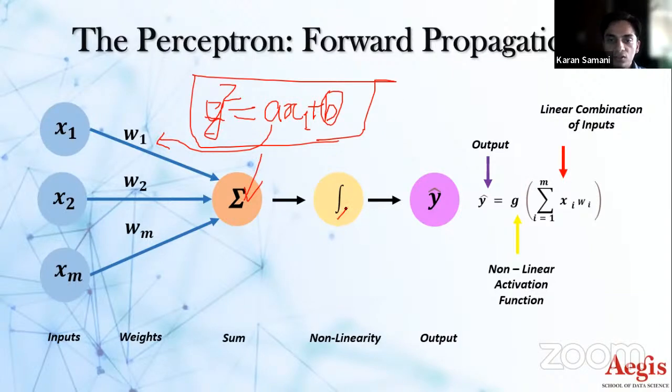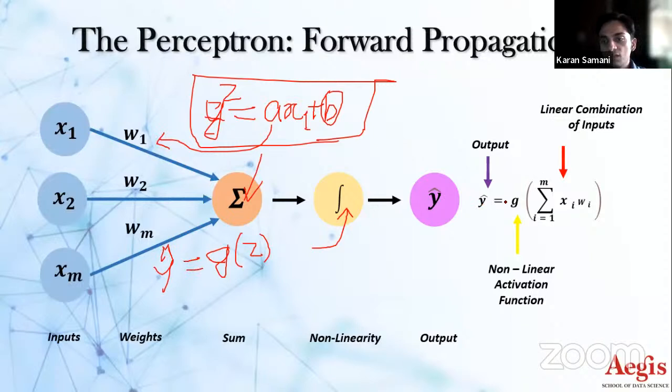This linear operation goes ahead to another component or operation, which is a non-linear operation, wherein a non-linear operation is applied on that z value, and after z we get y cap, which is nothing but the prediction.